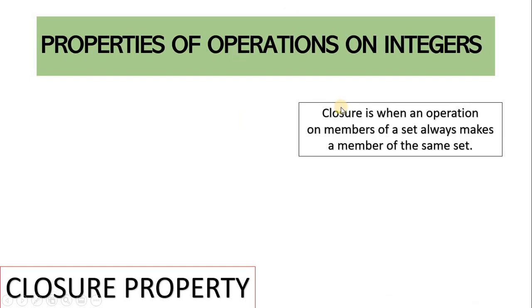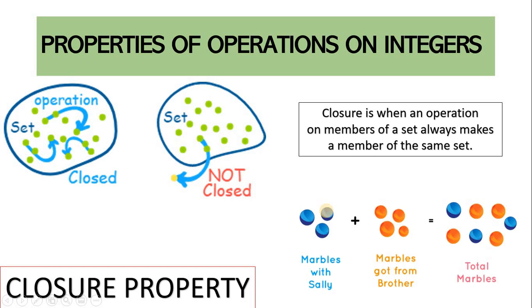When we say closure property, it is when an operation on members of a set always makes a member of the same set. So we have here illustrations for you to understand the concept of a closure property. For this first illustration, yung nasa left side, makikita natin that this is a closed set.